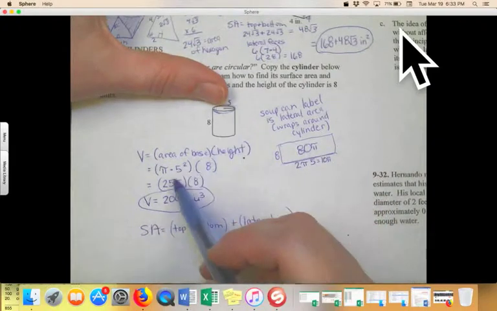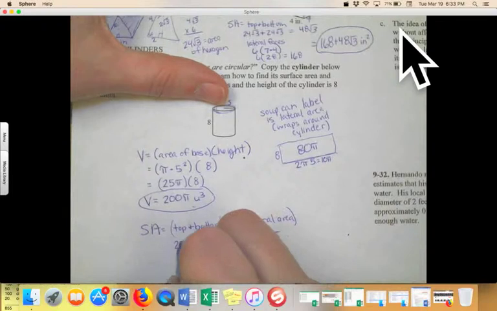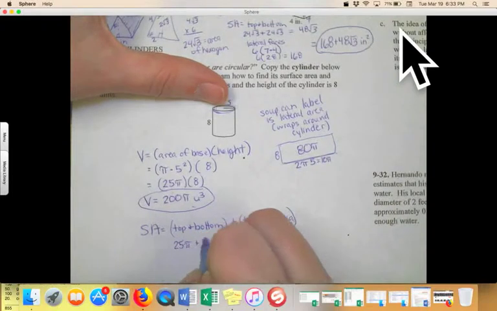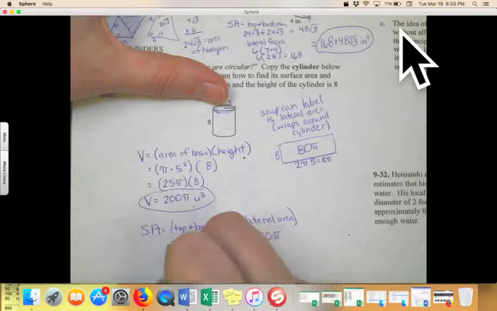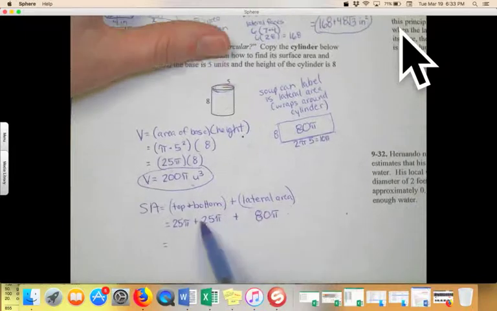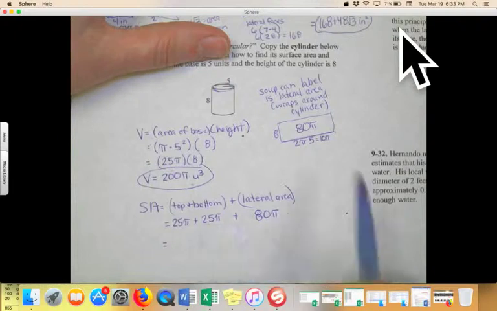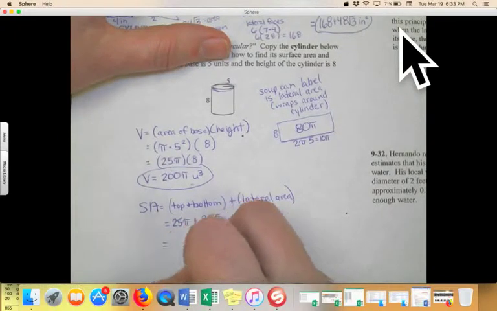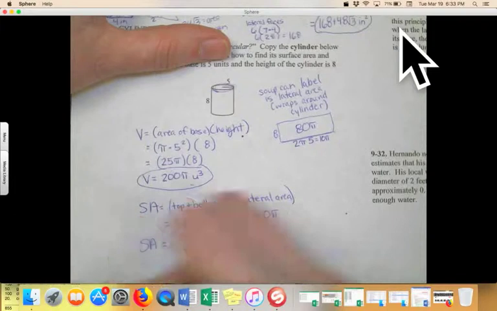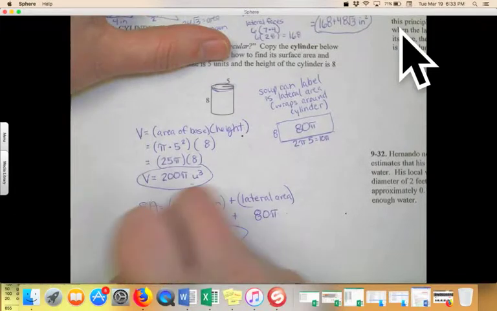The area of the base was 25 pi. So the area of the top is 25 pi and the area of the bottom is 25 pi. Since we're leaving this in terms of pi, we're just adding the constants together. 25 plus 25 is 50, plus 80 is 130 pi. This is surface area, so we're working in square units.